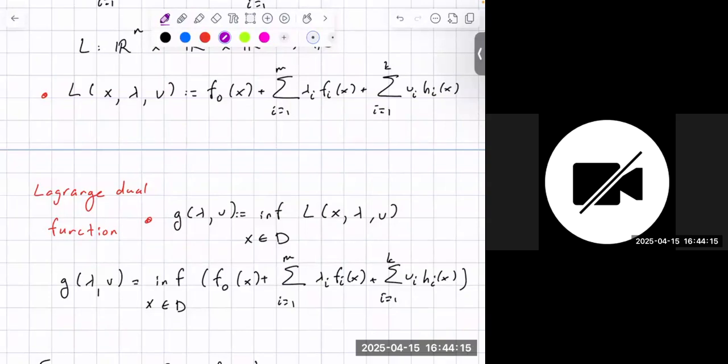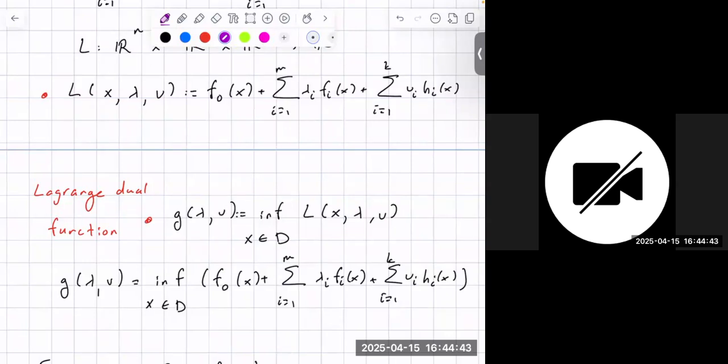You fix any lambda and v configuration you like, then you minimize over all x in your domain. That's going to be what some people usually call this G, doesn't matter, G of lambda, v. So in other words, G of lambda, v is the infimum of this thing. When I fix these numbers, I'm trying to minimize over everything in my domain.